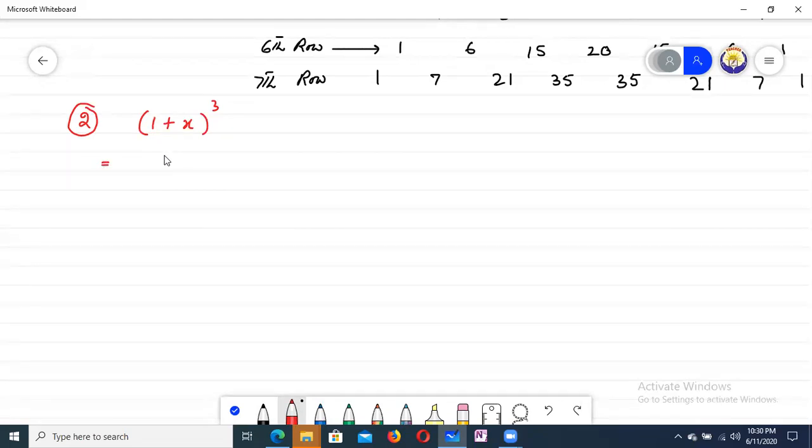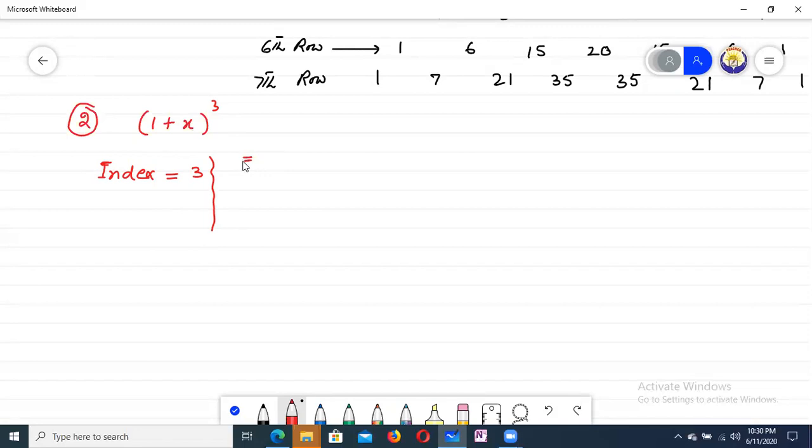In the expansion of this one, as the index is 3, first of all we will mention the index. Index is 3. Then we will expand this one.